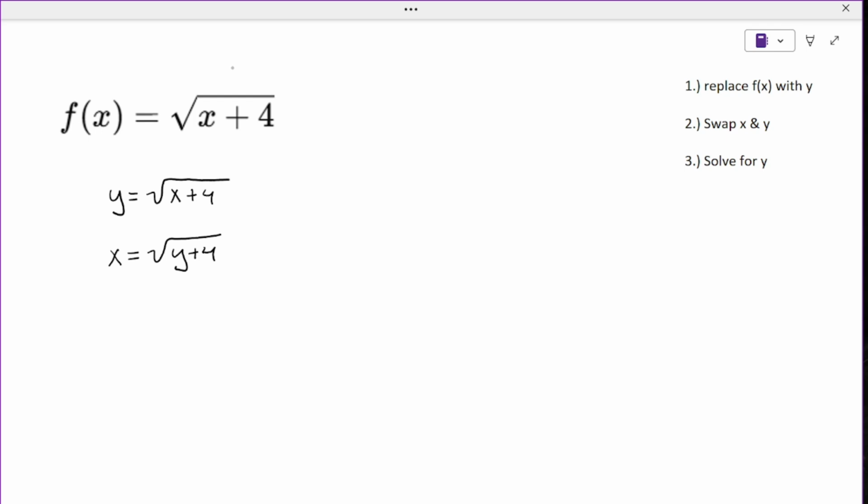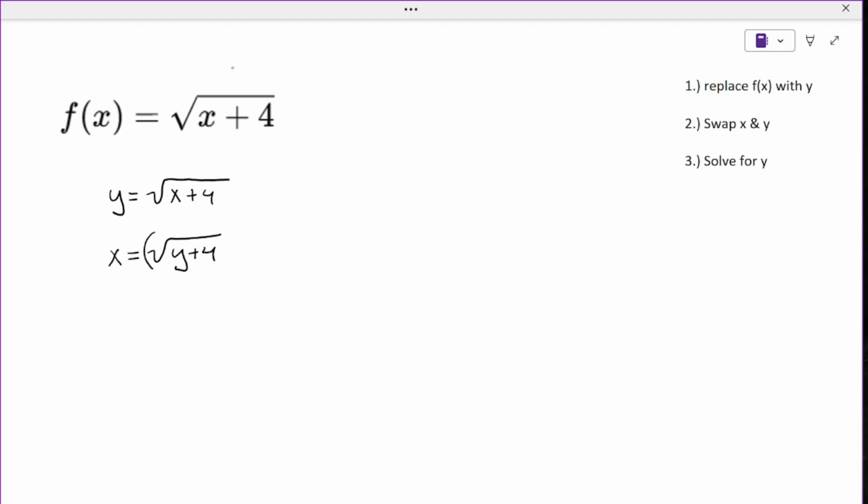And if you can remember what we need to do to solve for y, we have a square root on the right side. And what undoes a square root? Well, we can take the exponent on both sides.